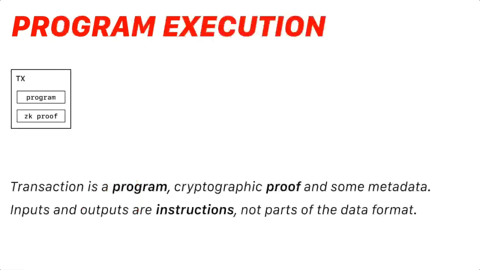Now let's put together transaction, contracts and predicates. The transaction does not literally contain inputs and outputs. Instead, the transaction is a program that performs instructions that destroy and create contracts via input and output instructions. The transaction also contains an aggregated cryptographic proof for all operations performed on encrypted data.